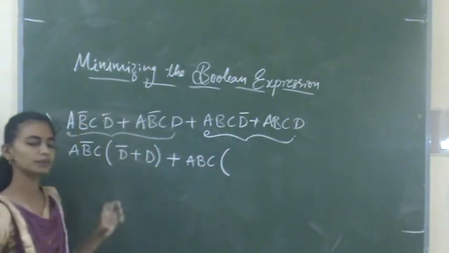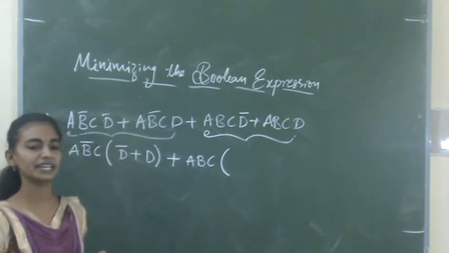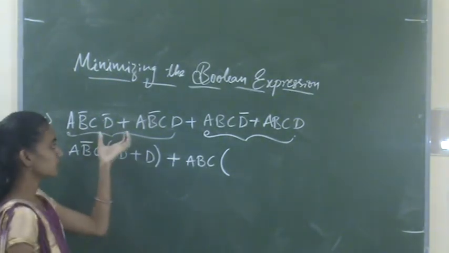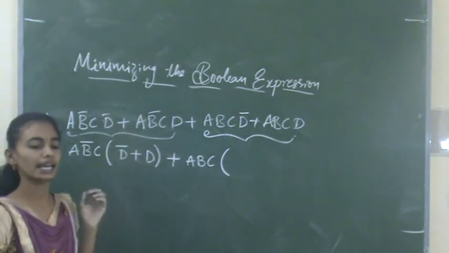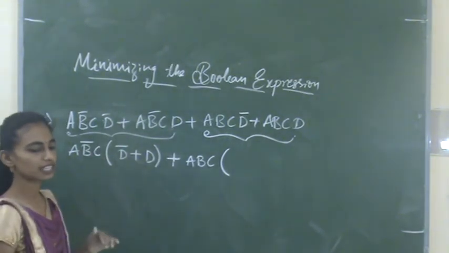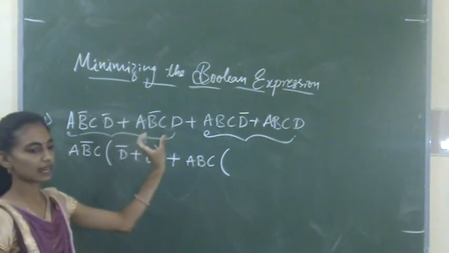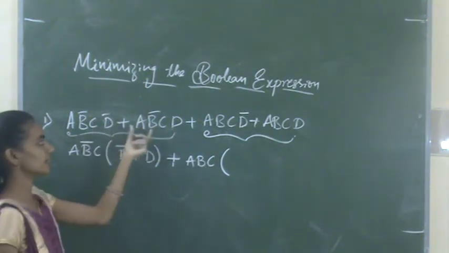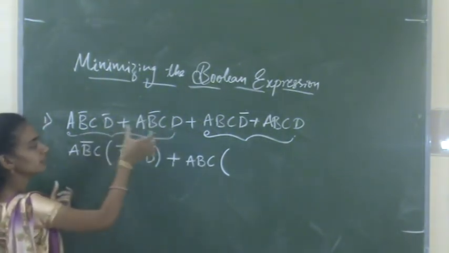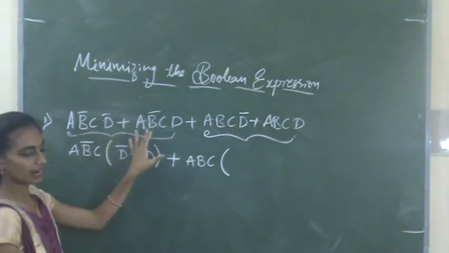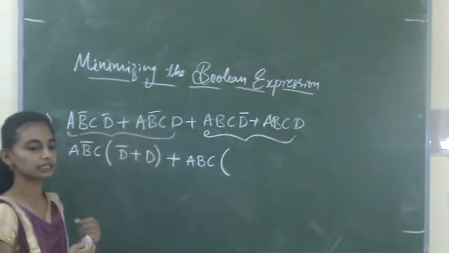So to algebraically minimize the Boolean expression, first we have to observe the given expression. Is any common factor there in that expression? Each and every term we need to compare with the other terms. If any common factor is there, can we reduce that term?